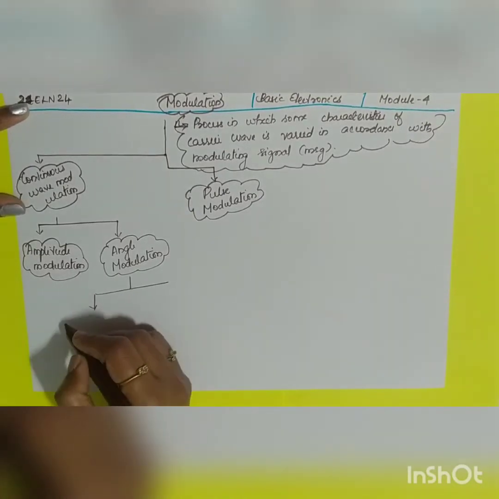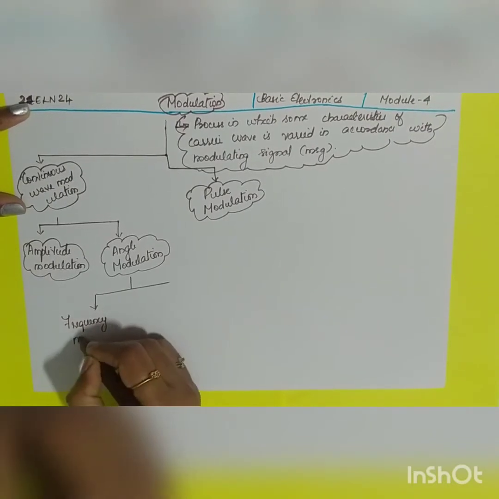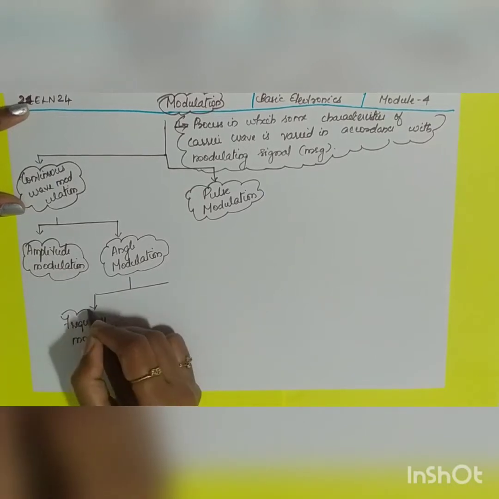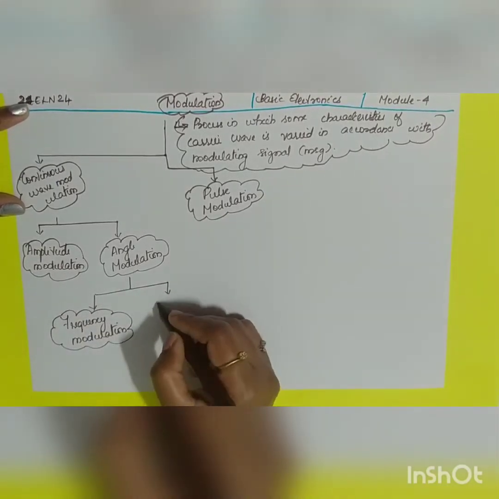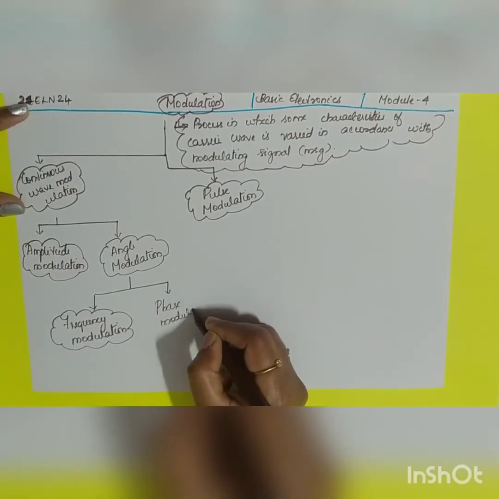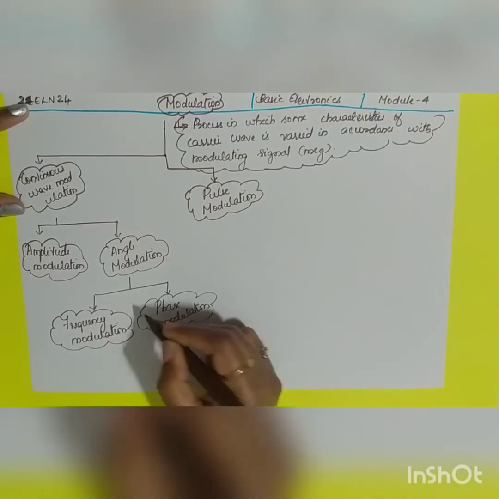One is called as frequency modulation and the second one is called as your phase modulation. Okay. So these are your different classification of your continuous wave modulation.